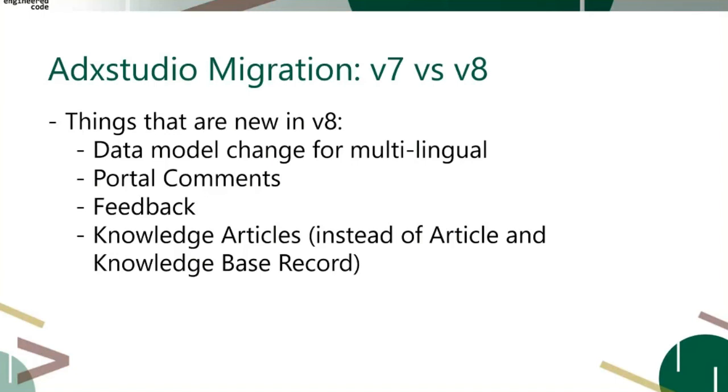Same with feedback. In version 7, you had entities like idea votes, idea comments, and blog post comments. All those different entities have been merged into one single entity called feedback. So again, it's a case of migrating that data from the old entities into the new entities if you want everything to play nicely together.